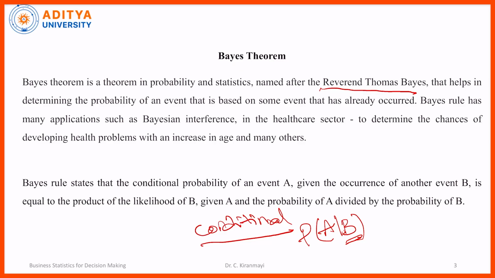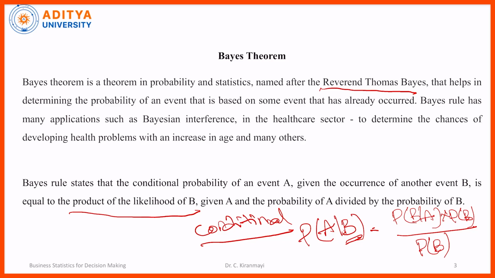Using Bayes' theorem, this conditional probability is equal to the likelihood of the event B given A, that is P of B given A, multiplied by its prior probability, P of B, divided by the total probability of the event B. So, using this formula, we can calculate the conditional probability using Bayes' theorem.